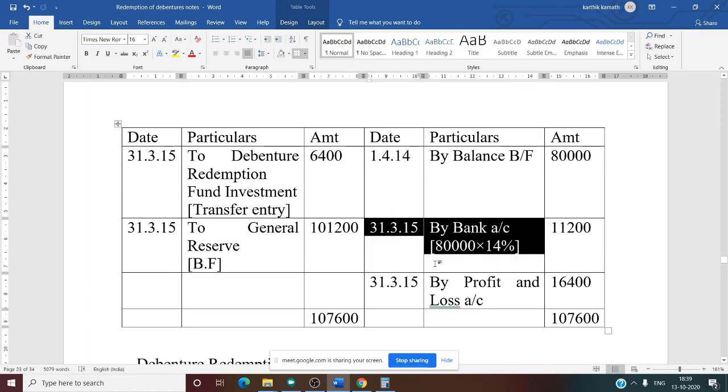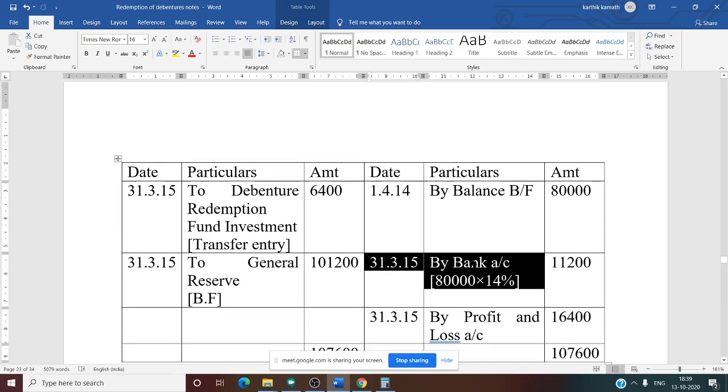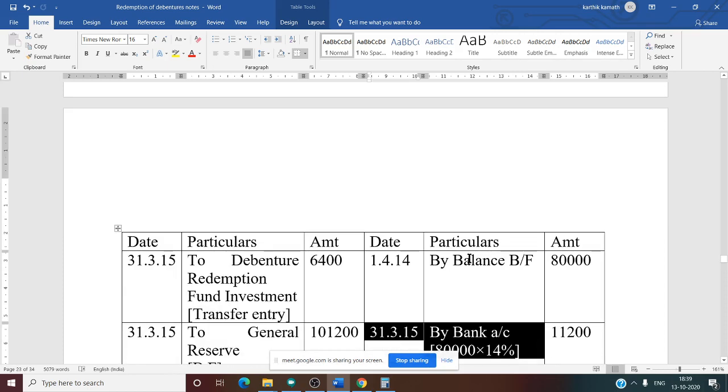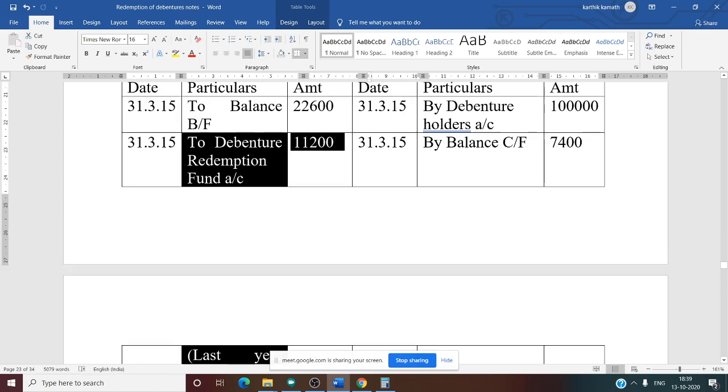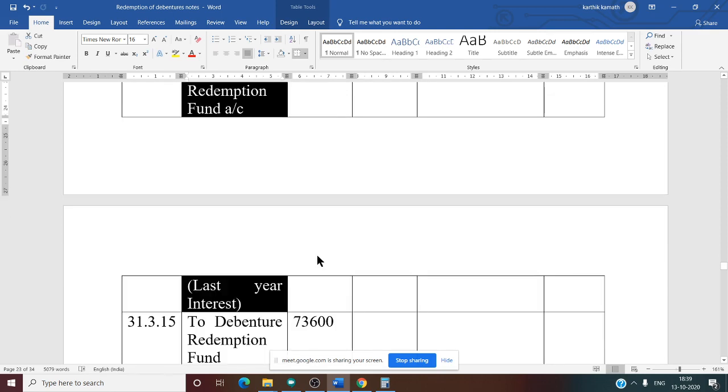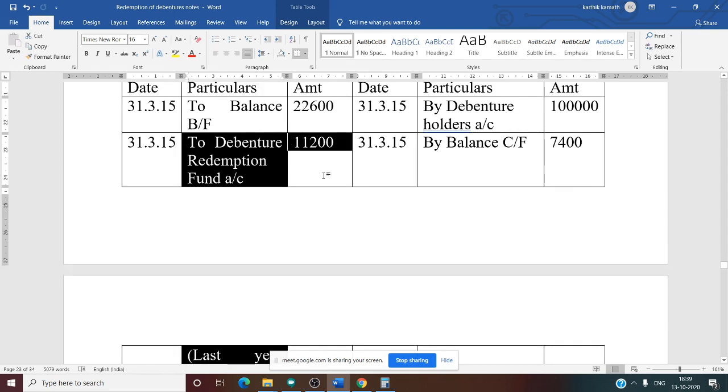In the debenture redemption fund account, we have calculated last year interest. See this, 80,000 into 14%, that is 11,200. So that amount we need to write in the bank account. See this, last year interest. Or else you can say it is a transfer entry from the second account, debenture redemption fund account. Last year interest 11,200, transfer entry.